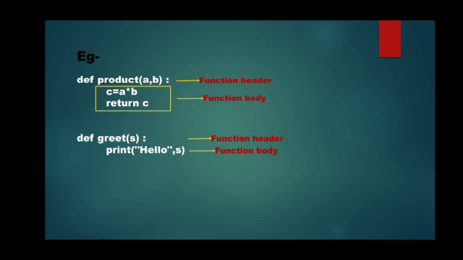A function has the capability of returning some value, as I discussed with math.sqrt. When we use the math.sqrt function, it returns an answer. In the same way, here the product function is also returning an answer, C.